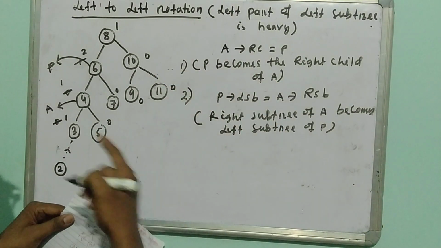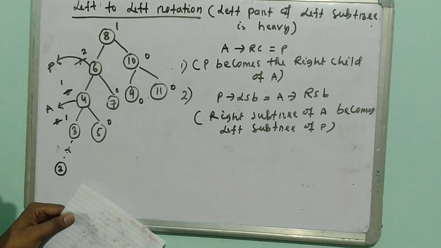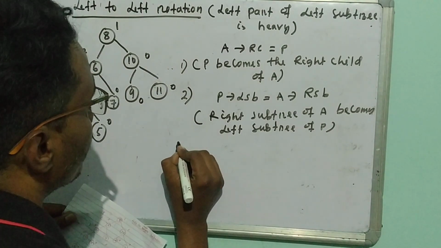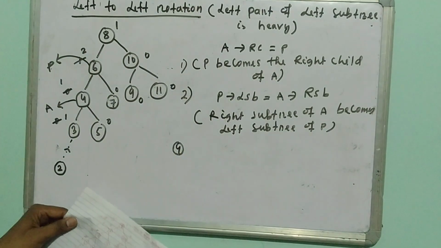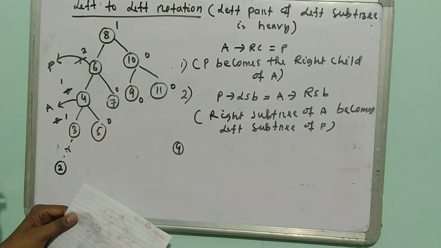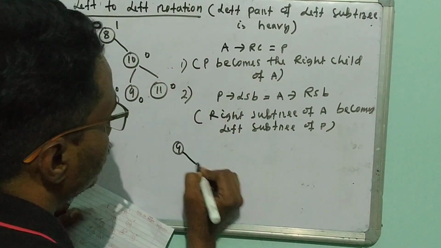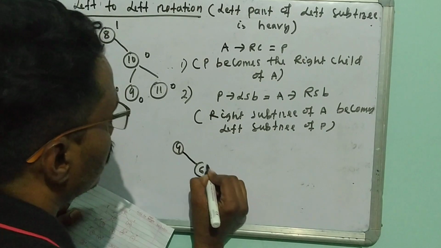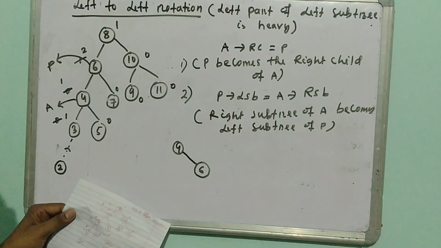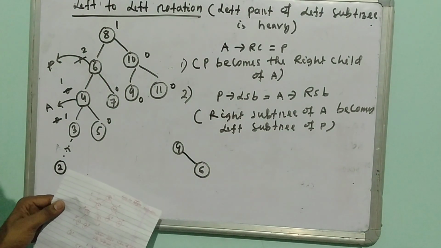So let's construct this and balance it. First of all, what is my A? My A is 4, and the right child of A becomes P. What is my P? P is 6, and it becomes the right child. Which will be the left subtree of P?